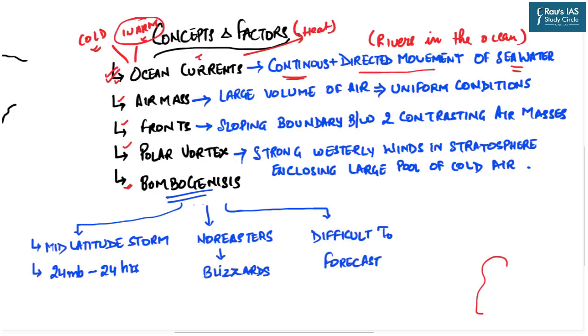Because of the solar heat, the water temperature rises, and because of the rise in the water temperature, the water expands. Now, if you visualize, the expansion of the water on the ocean surface will push the water in various directions. And this water will be taken in that particular direction in which the wind is dominating in that region.